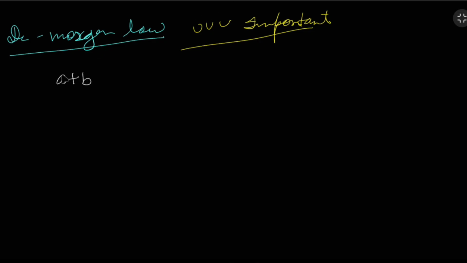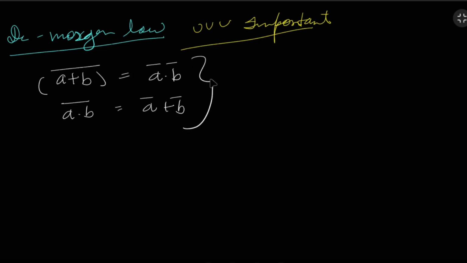(A plus B) complement will be A complement into B complement. And if you have (A B) complement, it will become A complement plus B complement. This is your De Morgan law. And the proof is again very simple, by case method. Let's prove it.